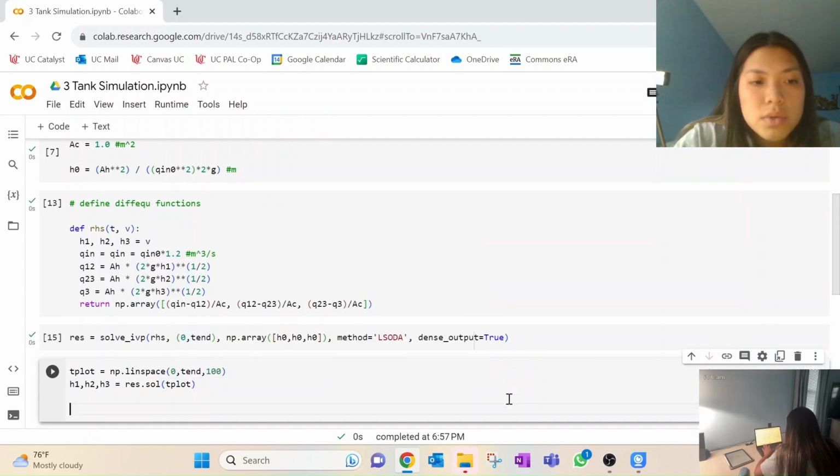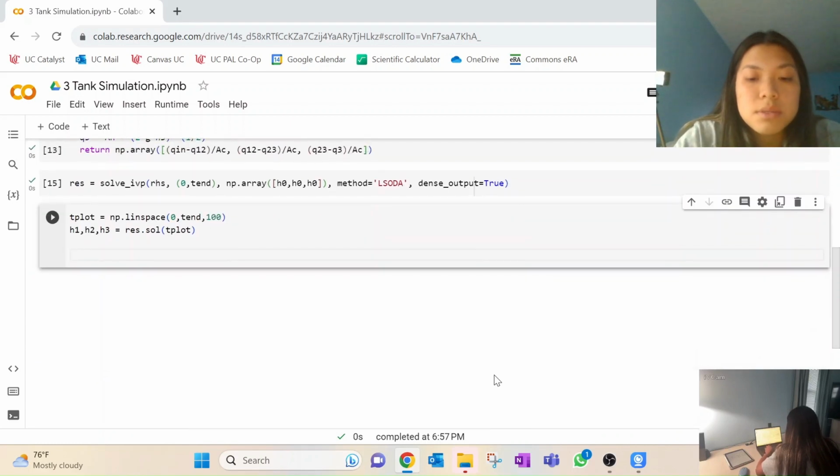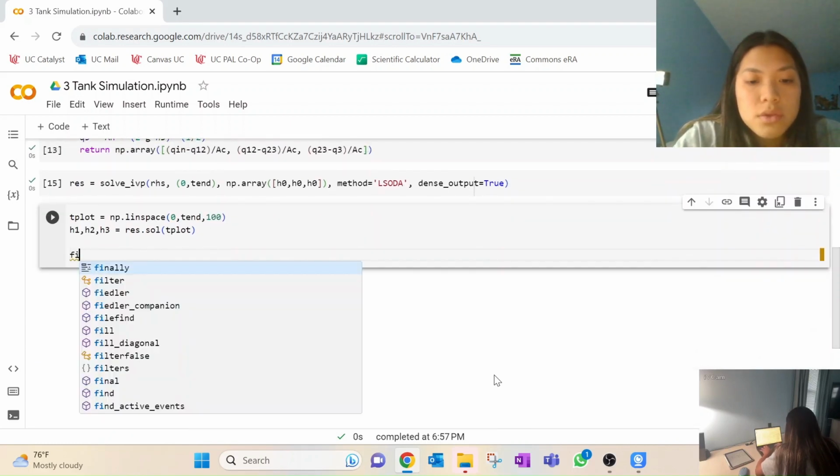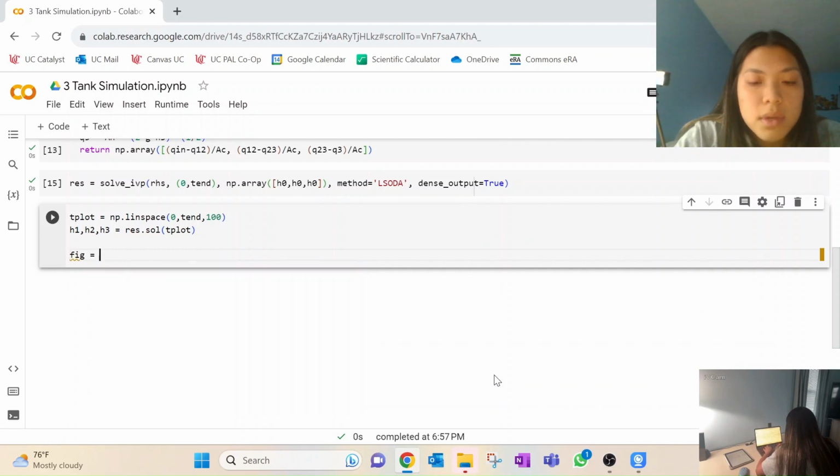And then what we can do is we can make a figure. So we're going to call it fig for figure, and that's going to be make underscore subplots.